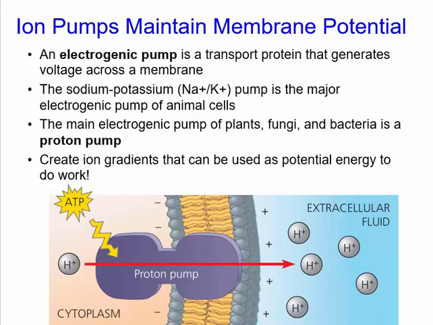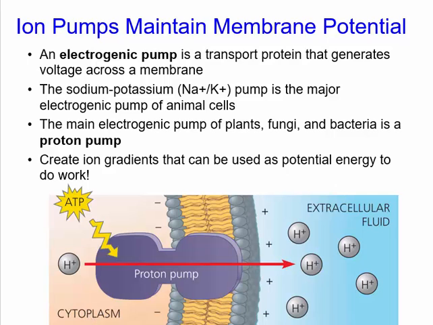So that sodium-potassium pump is a key contributor to that electrochemical difference across the cell membrane. This proton pump also contributes to that. So here we see this proton pump pumping protons, hydrogen ions, which have a positive charge, from the inside to the outside, again contributing to the outside being more positive than the inside.